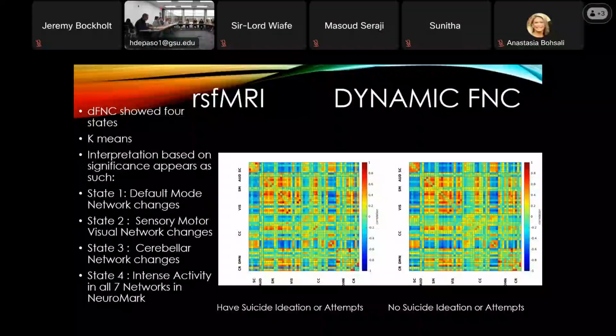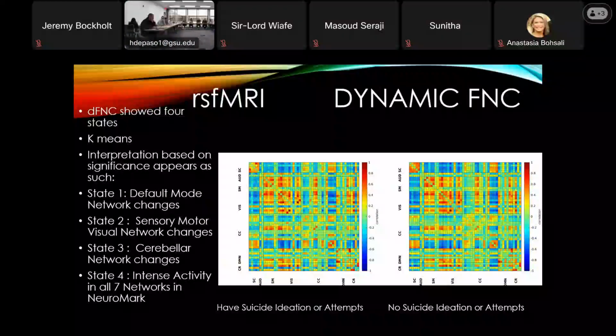We just used the defaults for the window length. I was just wondering about the whole length of the entire time series, like how many windows you would get. It's 100-something, I don't remember exactly. Okay, that's fine, I was just asking generally. Six minutes, 133 windows. Okay, thanks, Jeremy.